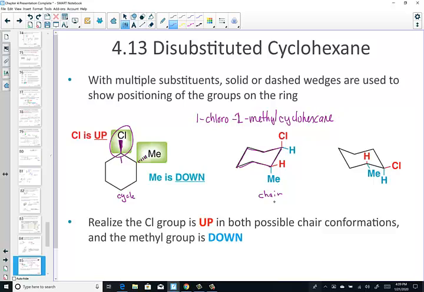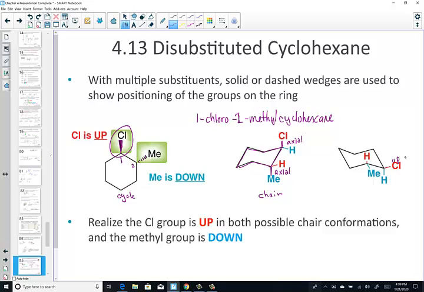So in the chair conformation, let's call this carbon 1. Chlorine needs to point up, so I'm going to make that an axial position. Right next door to it is carbon 2. It must point down because it's the dashed position. To point down, carbon 2 must be an axial position. Now you could have made them both equatorial. That doesn't matter.